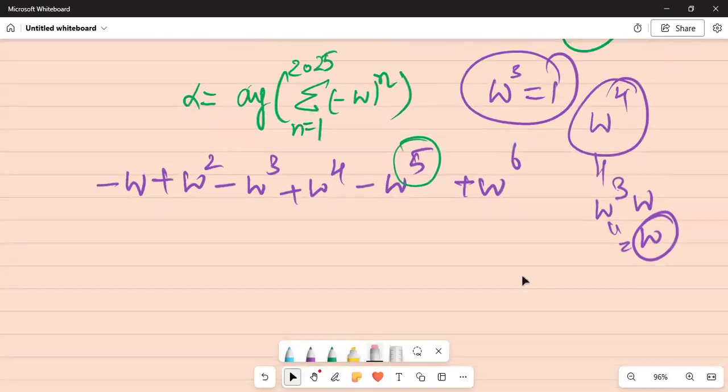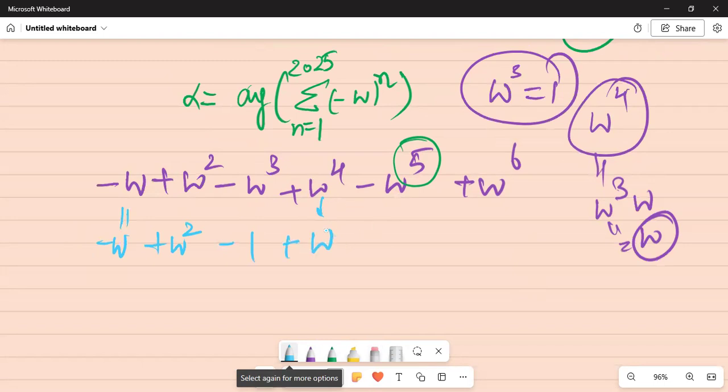Now, if you see it closely, this is minus omega, this is already omega square, 2 is less than 3, and this is nothing but 1. Now this is omega raised to power 3 into omega, so omega raised to power 3 is 1, so you're left out with omega only. And this is omega cube into omega square. This is again 1, so you're left out with omega square.